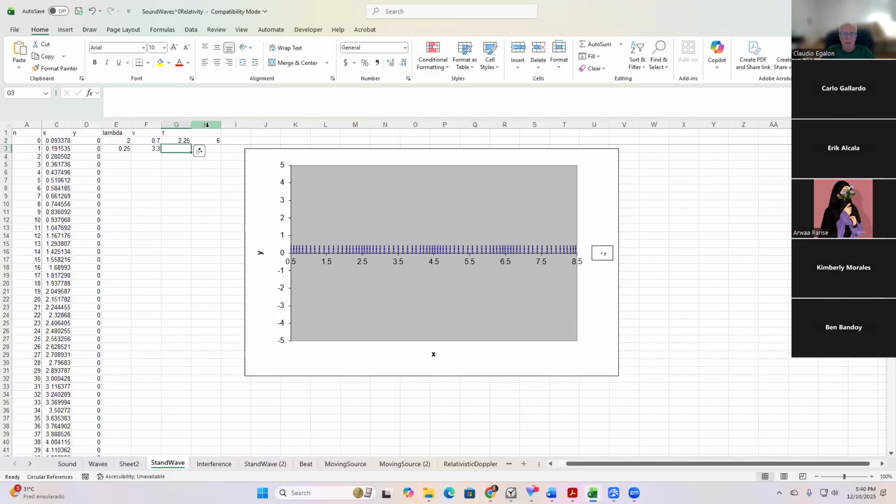Let's see more rarefactions, and here you go, more compressions. That's the phenomenon of interference that we see. So that's what happens within musical instruments that have their ends fixed.